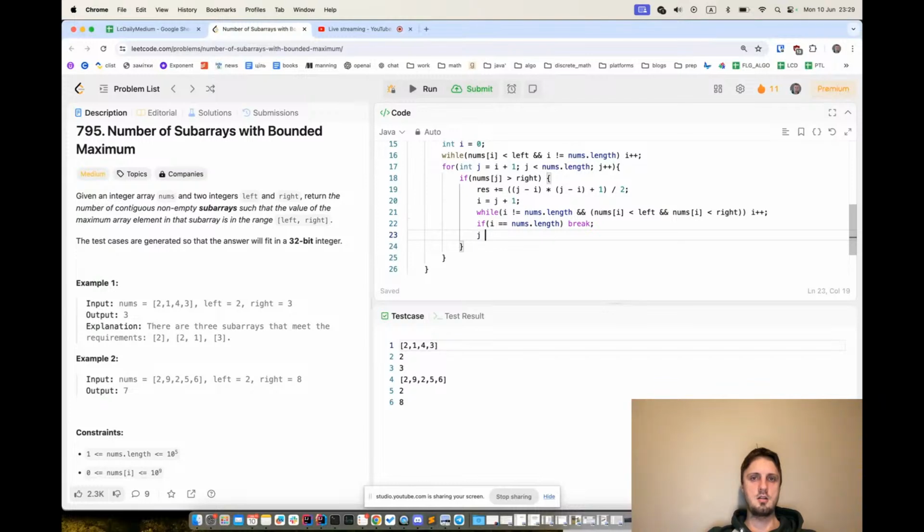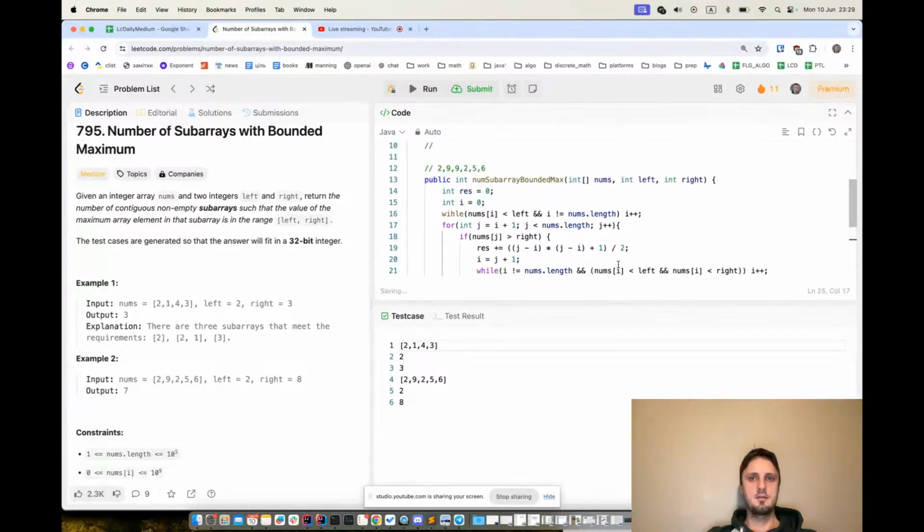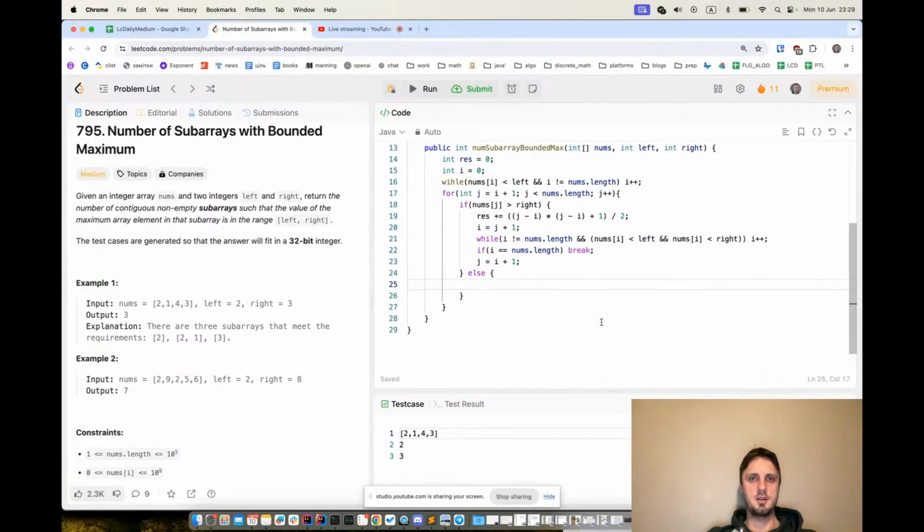Otherwise, j equal to i plus 1, else. Yeah, I think it's quite complicated here.